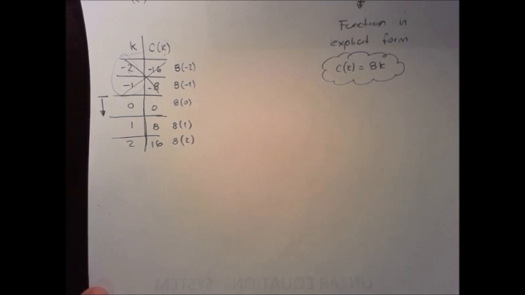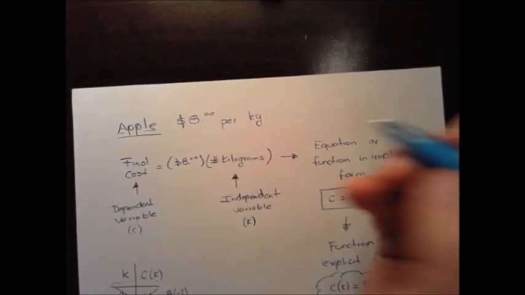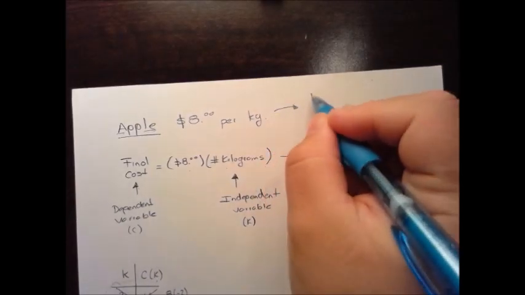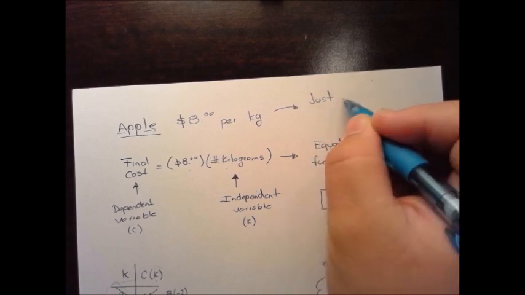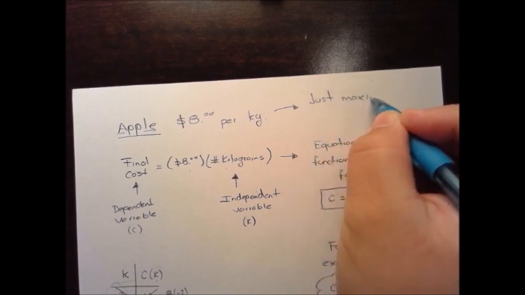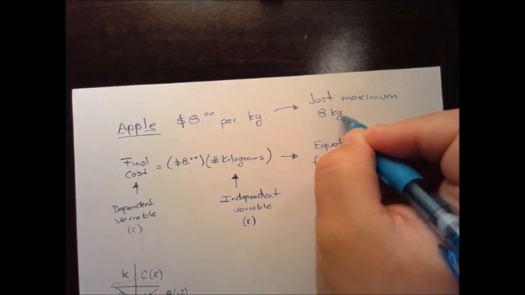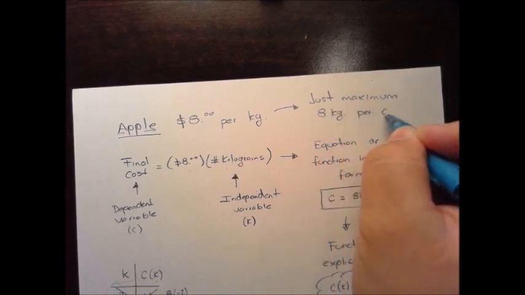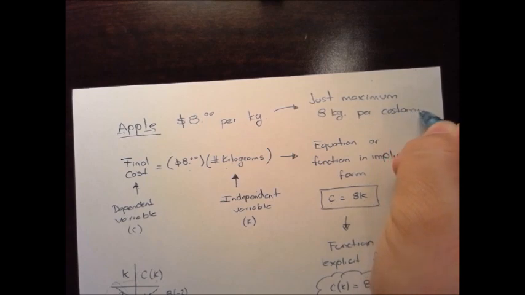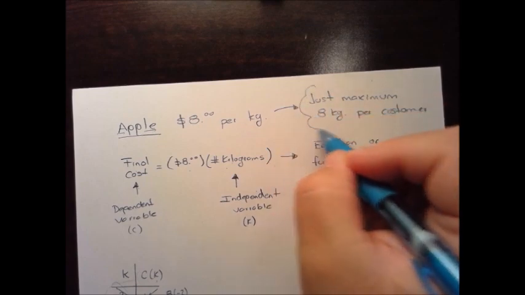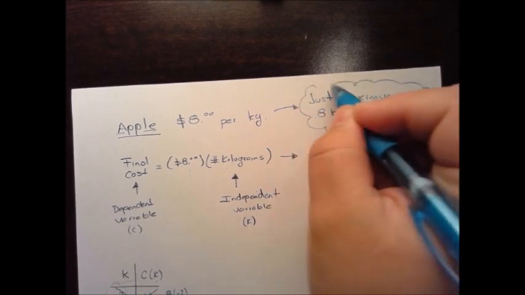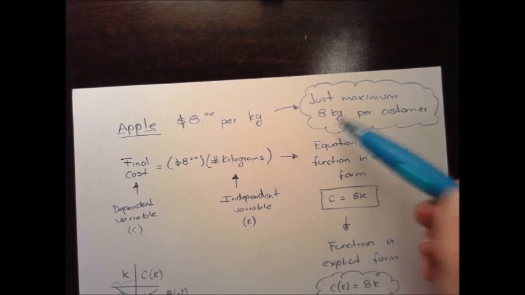It depends on the supermarket availability, or sometimes in the supermarket they say just a maximum of 8 kilograms per customer. Well, here the supermarket is telling you another limit.